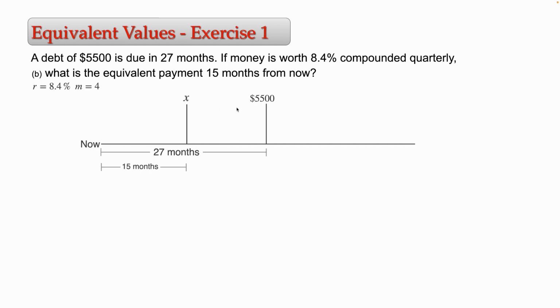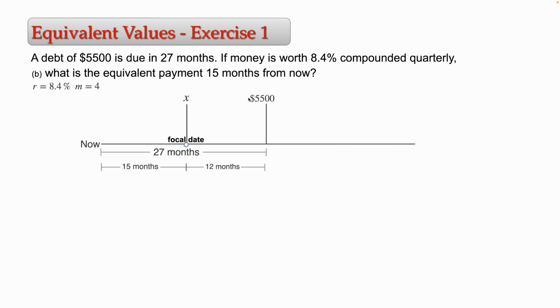So in this case, again, I choose this date as the focal date, and to compute the value of this x, I don't need to do anything, because the value of x is x. It's happening on the focal date. But for the value of the 5,500, I will need to move backward in time 12 months.